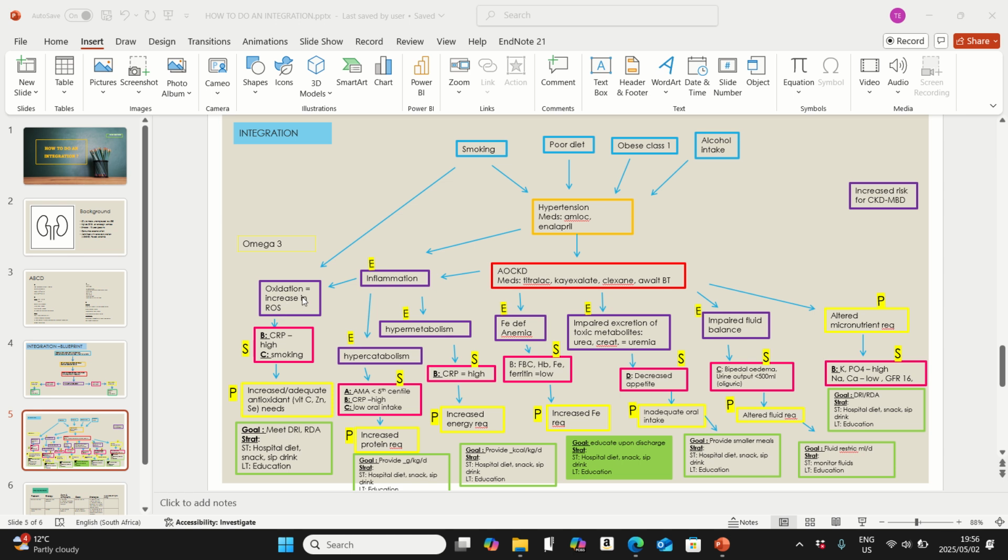We see this in a high CRP, and the patient also has a smoking history. So there's also been oxidation because the patient has been smoking, etc. So we have all of those toxins there and oxidation. With the inflammation, we have a little E on top of inflammation.